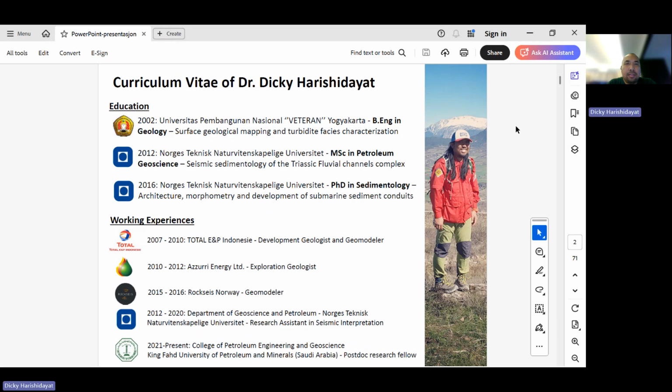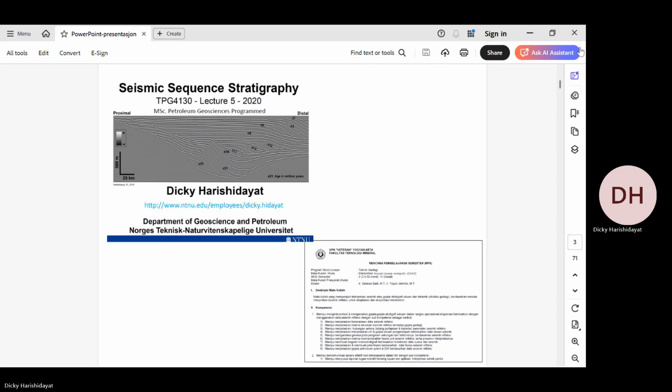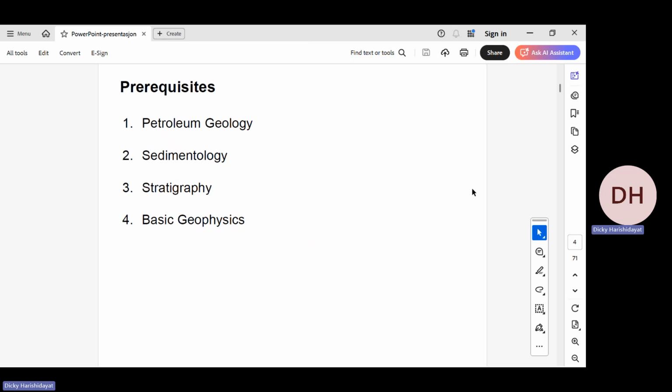Actually, this seismic stratigraphy is part of my guest lecture at the University of Pembangunan Nasional Veteran Yogyakarta in Indonesia, and all my lectures here follow the university curriculum for the undergraduate program in geology.